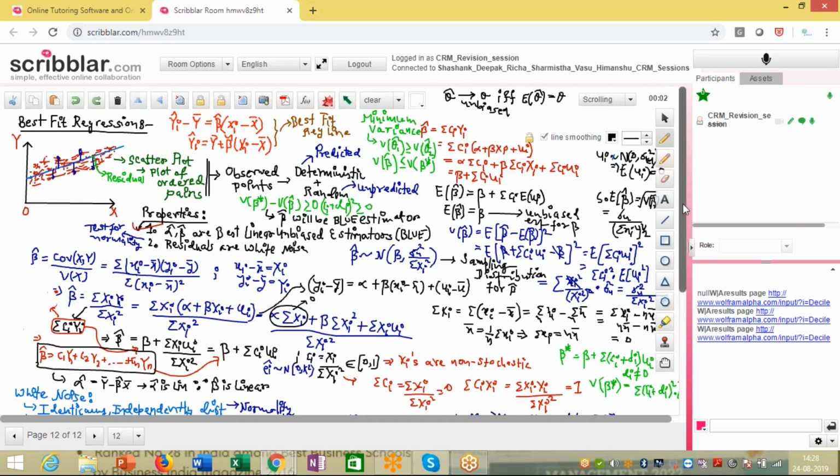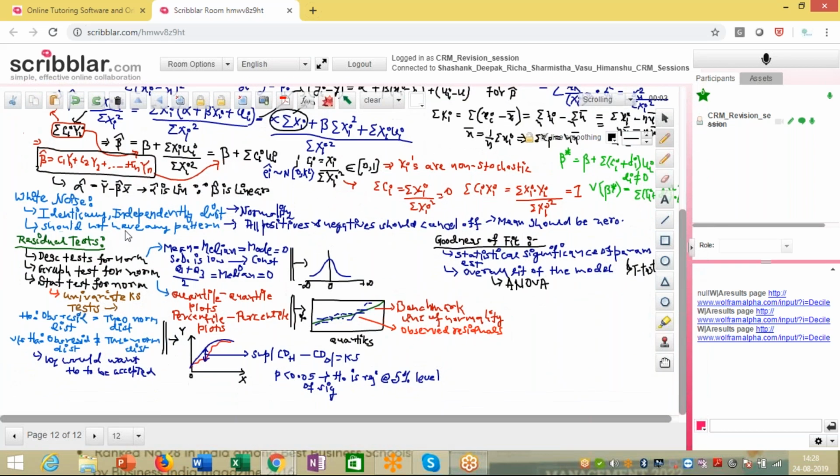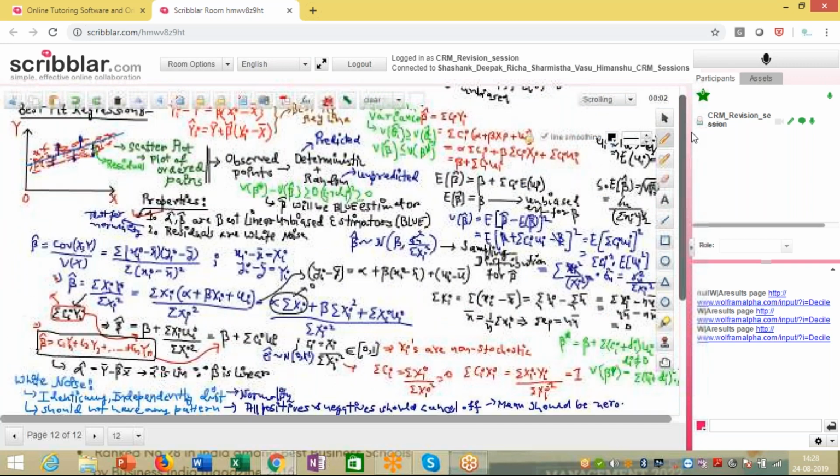The next thing we looked into was the testing of the hypothesis, and how exactly this beta hat can be tested. We looked into ensuring that the error terms were white noise.